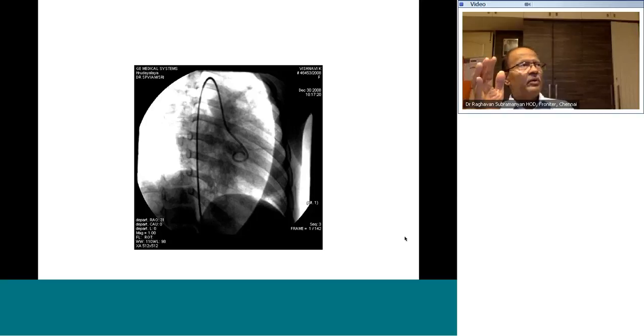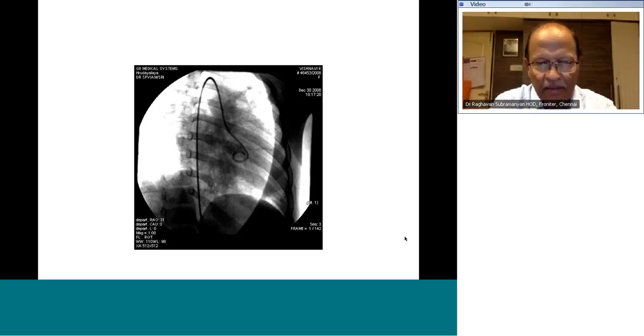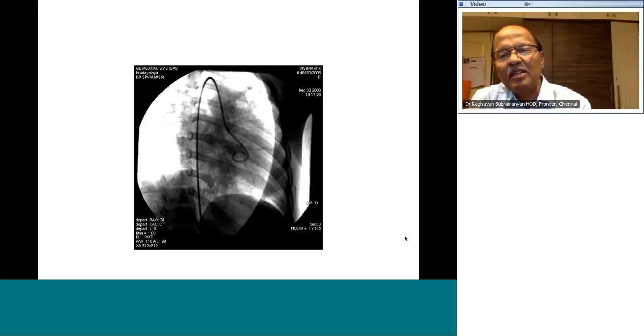And then I told you how to identify right anterior oblique view and left anterior oblique view in the angiogram. Right? Are you clear on that? I know this is very basic stuff, but I think you should be able to answer this question and convince yourself and the examiner as to what is anterior oblique view when you see an angiogram. Okay? Any questions on that?